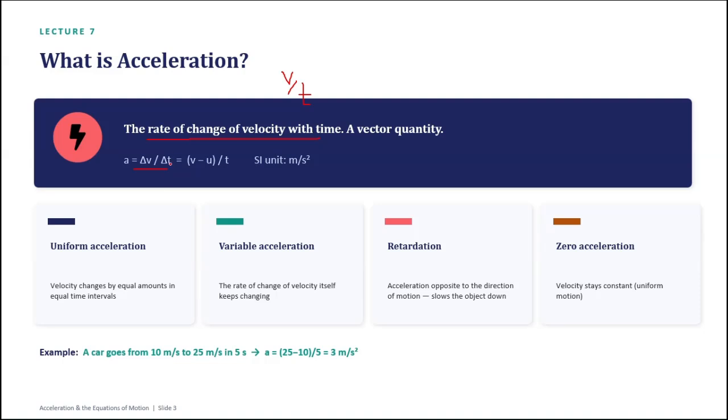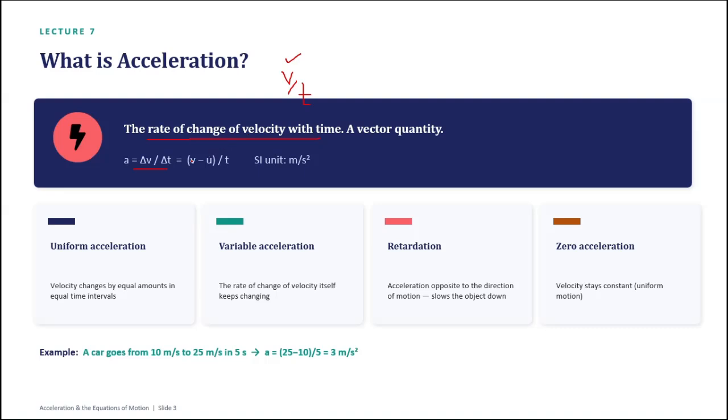This mathematical formula can be descriptively explained as acceleration is the rate of change of velocity with time, or we can say acceleration is the time rate of change of velocity. So velocity divided by time is acceleration.